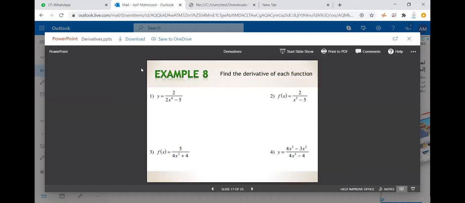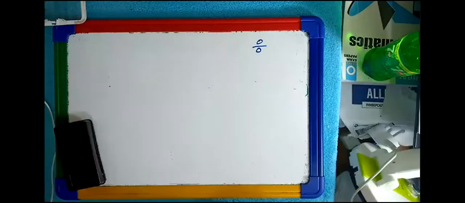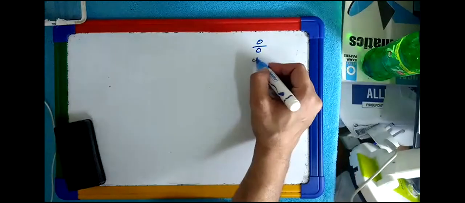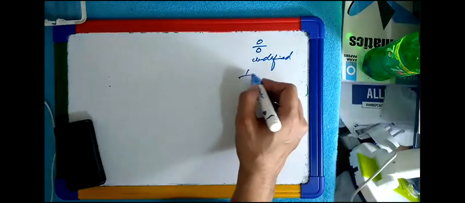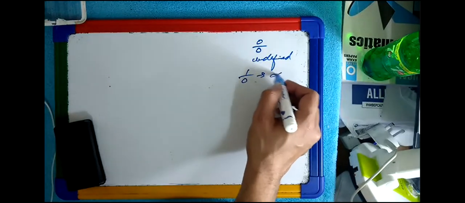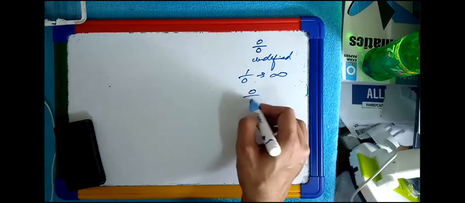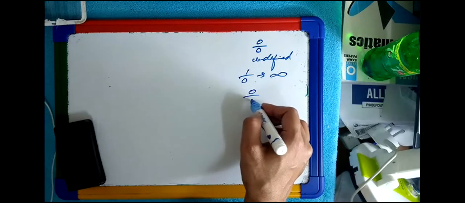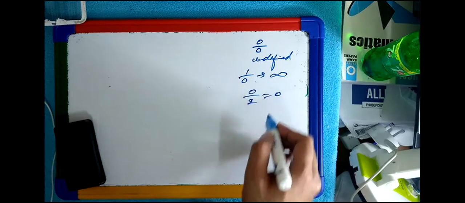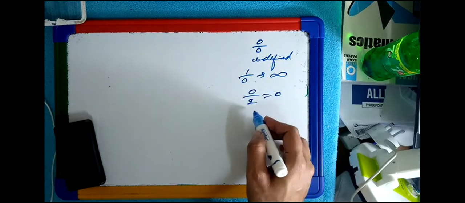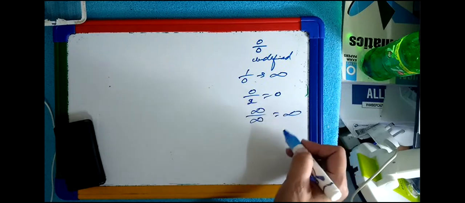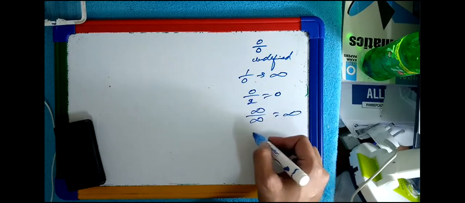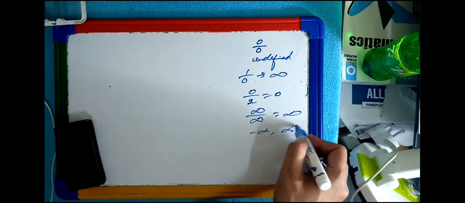If 0 upon 0 comes, this is undefined. And 1 upon 0 is called infinite, and 0 upon anything is 0, and infinite upon infinite is also undefined. One can be negative infinite and one positive infinite also.